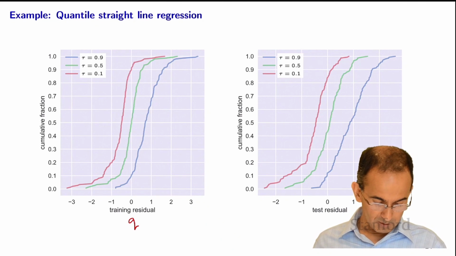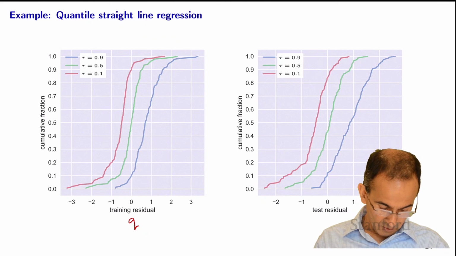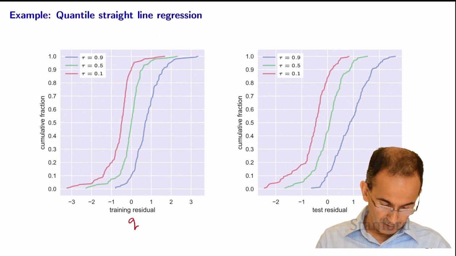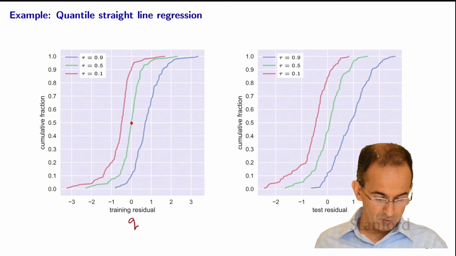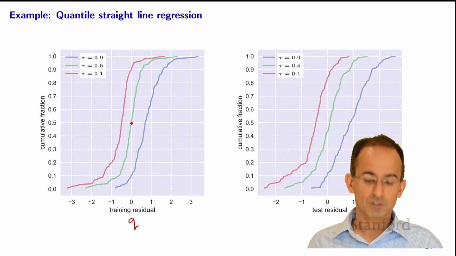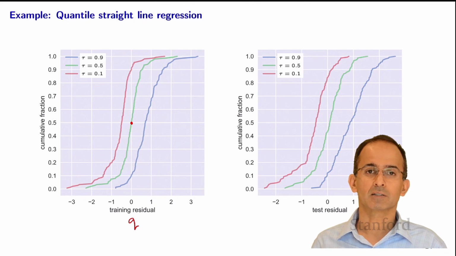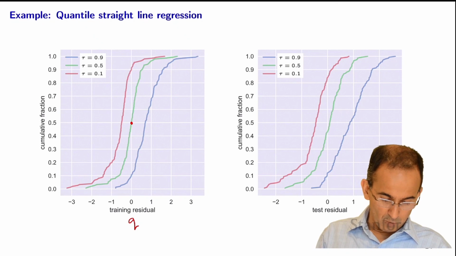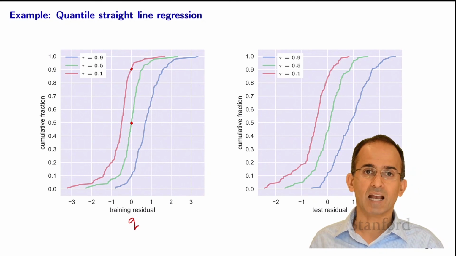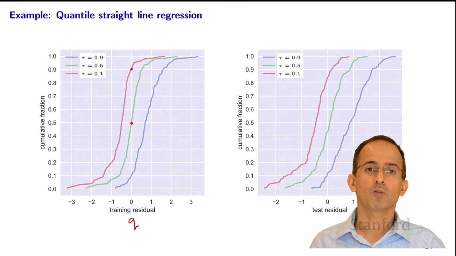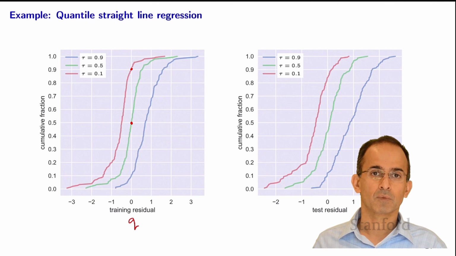And if we look at this plot, and we look at Q is equal to 0, the green predictor with tau as a half, shows us that exactly 1/2 of the training data points have residual less than 0. When tau is 0.1, we see exactly fraction 0.9, so exactly 90% of the data points have a residual less than 0.